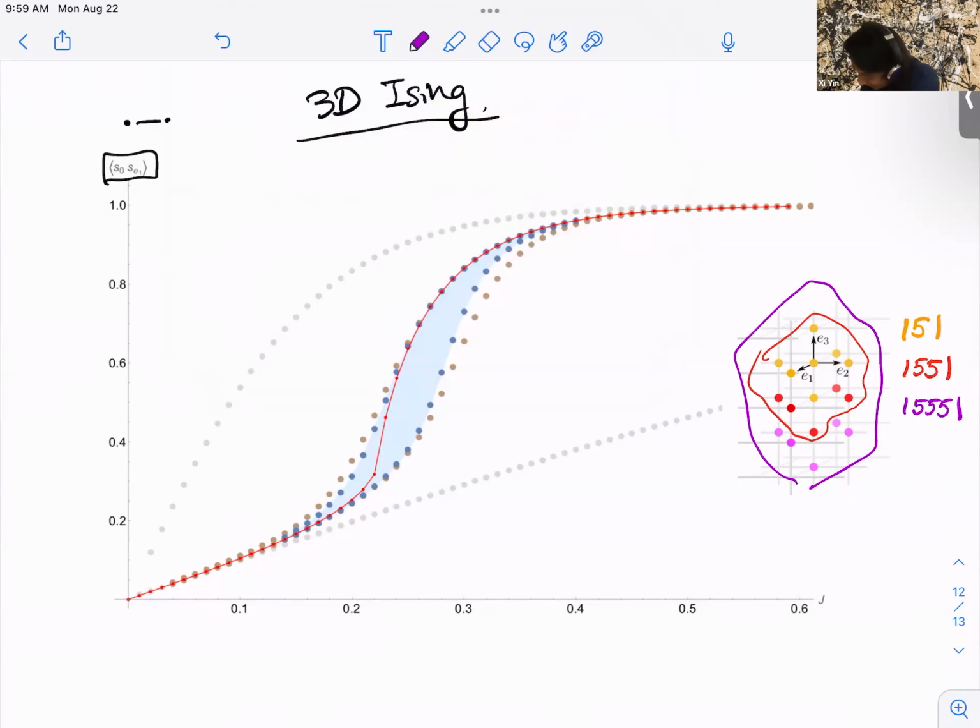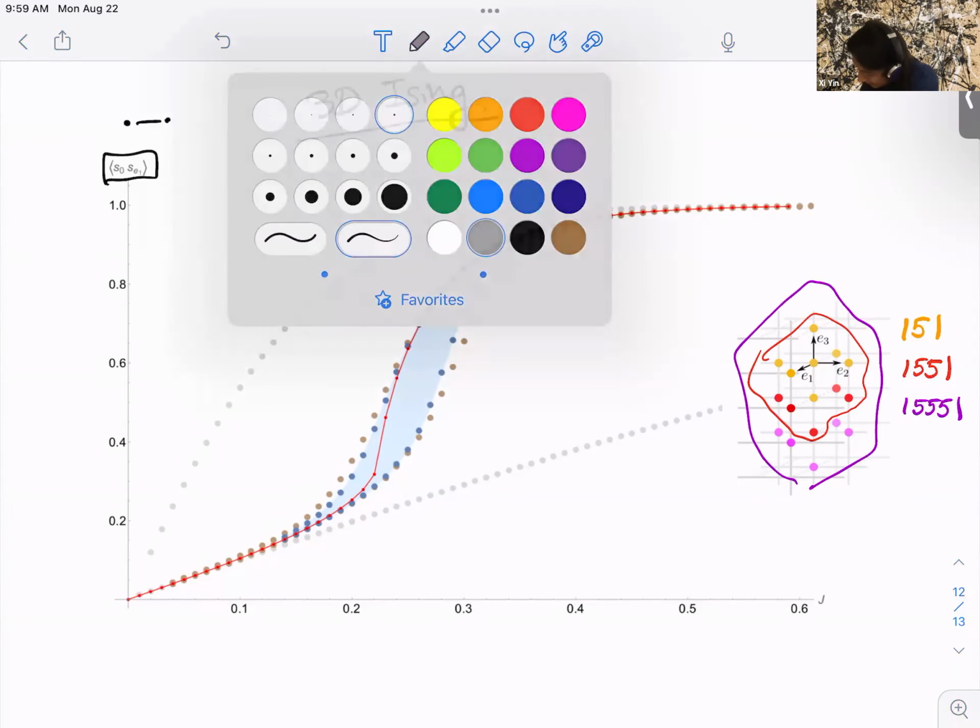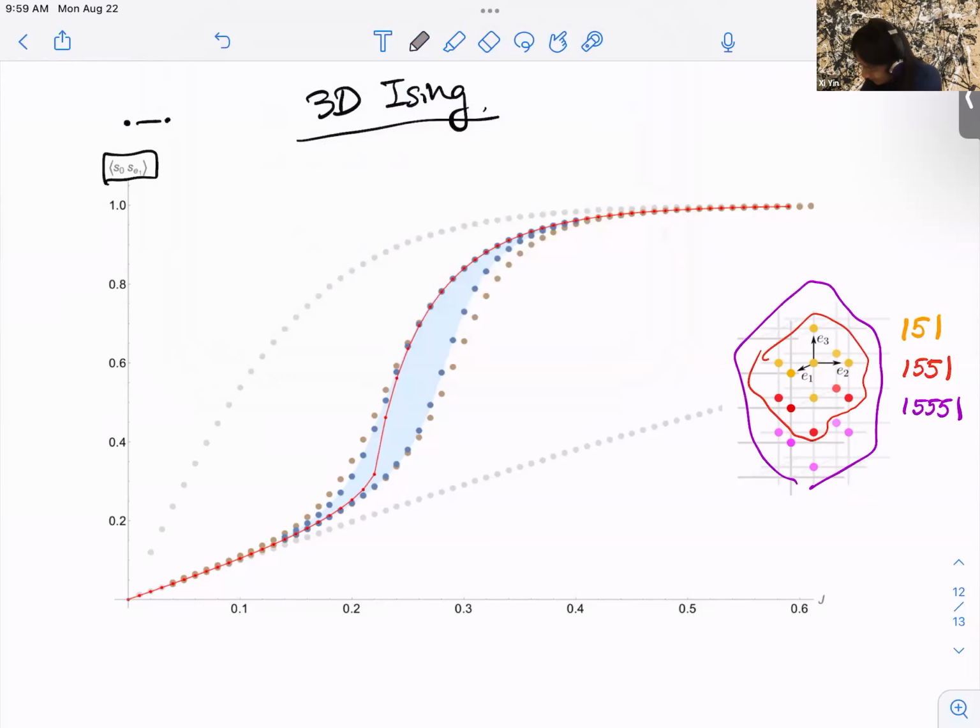In this plot, these gray lines are the upper and lower bounds from the 151 region itself.